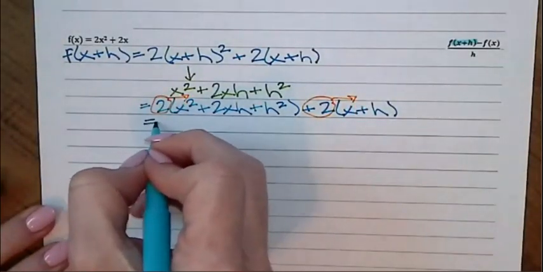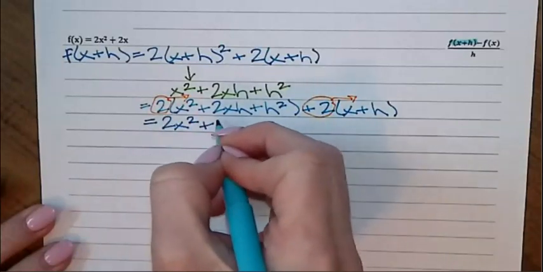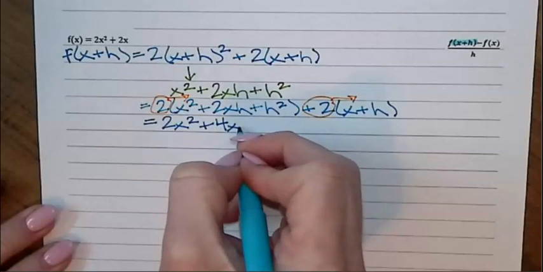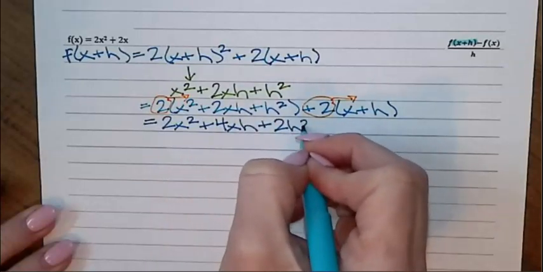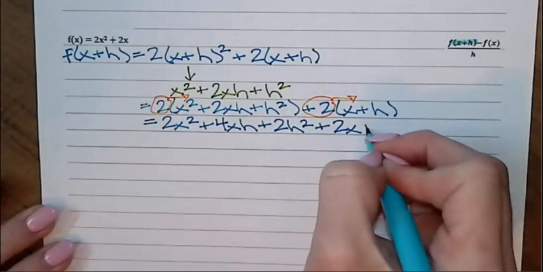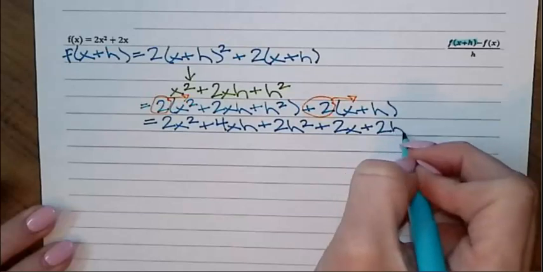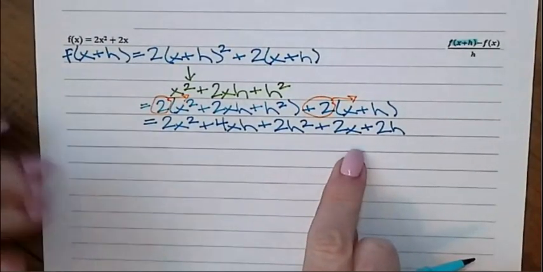So this will give me 2x squared plus 4xh plus 2h squared plus 2x plus 2h. Notice there's no like term, so I can't combine anything.